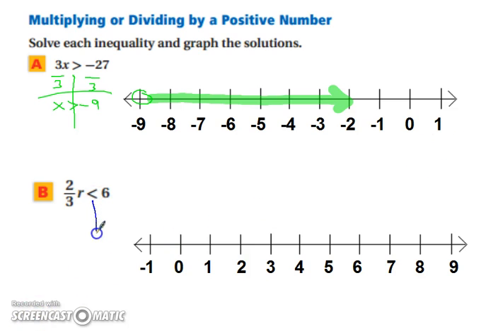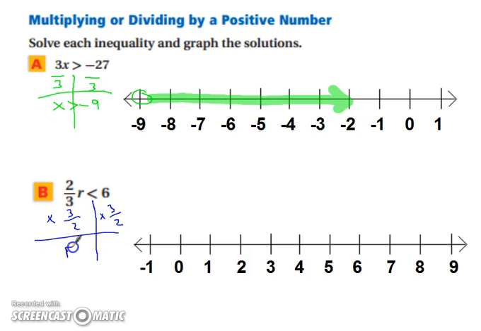Alright, so we're going to separate both sides of our inequality. And we have 2/3 times r. So to get rid of this 2/3 times r, we are going to multiply by the reciprocal, because that's the same thing as dividing by a fraction. So we're going to multiply by 3/2 on both sides of our inequality.